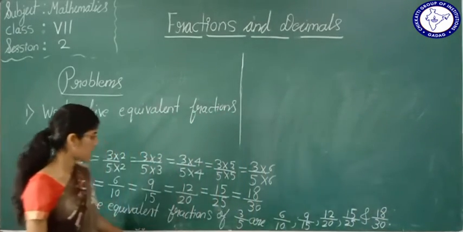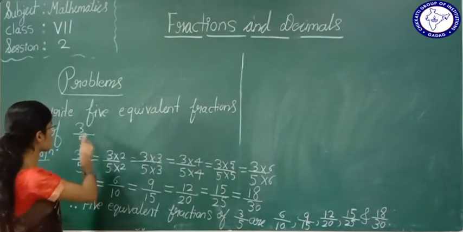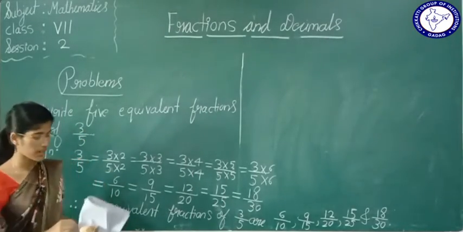Okay, these are the equivalent fractions for 3 by 5. We will see the second question.